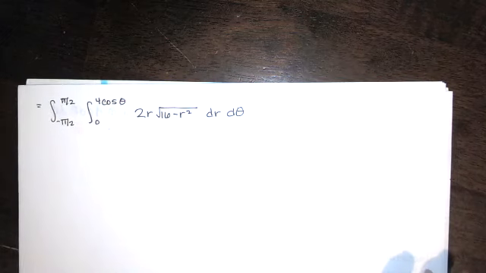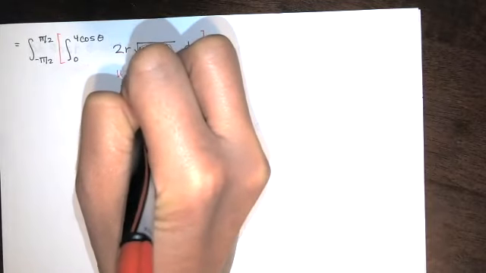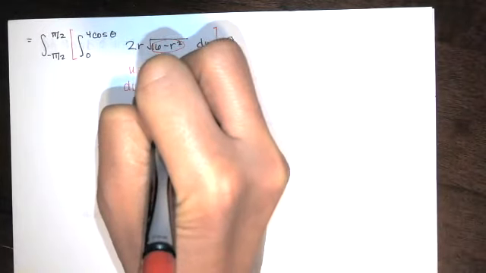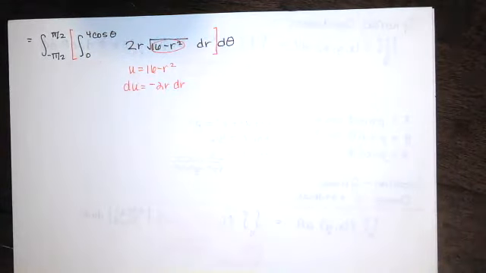And now we just have this double integral to evaluate. And we continue, we start on the inside and we work our way out. The inside function is 16 minus r squared. The derivative of that is negative 2r.